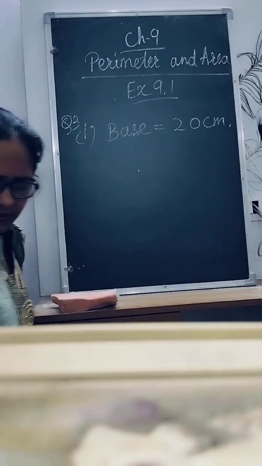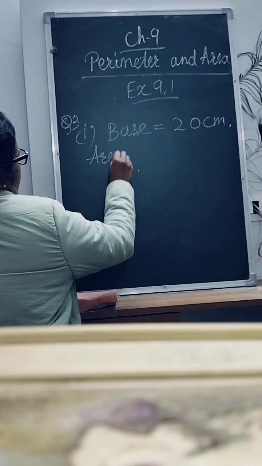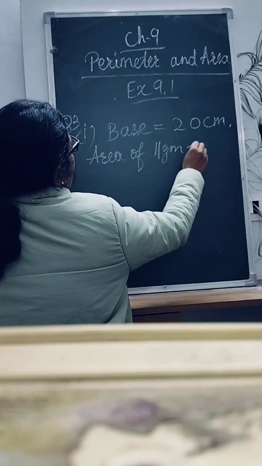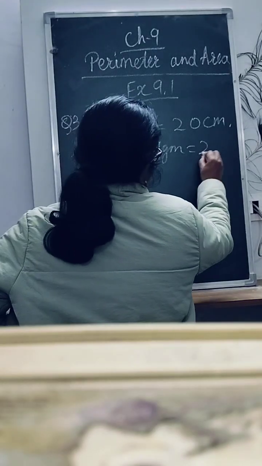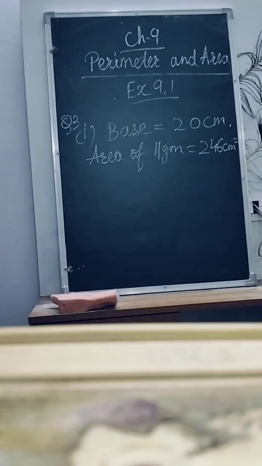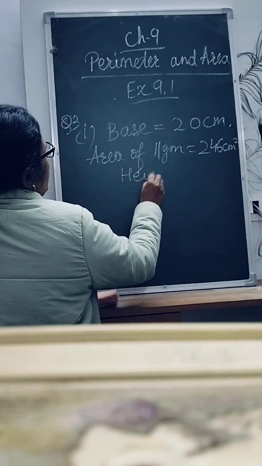And what else is given? Area of parallelogram is given. What is it? 246 centimeter square. Okay, so what have they told us to find? They have told us to find the height.